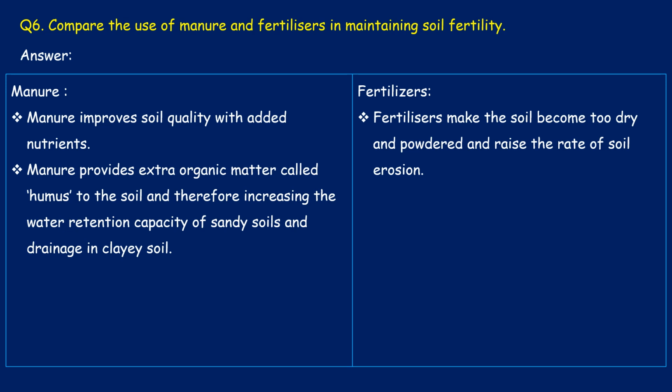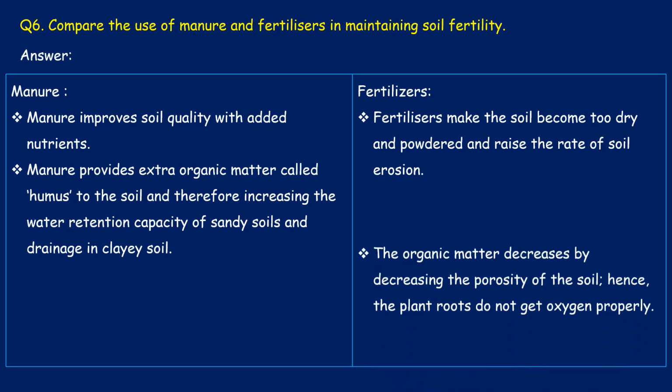It cannot retain water for a long time. If you add manure to the sandy soil, this manure covers all the holes and holds water, and it improves the water retention capacity of sandy soil.